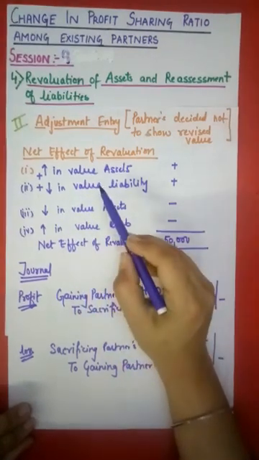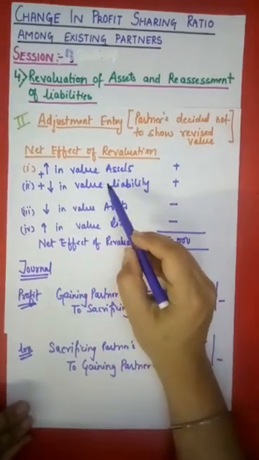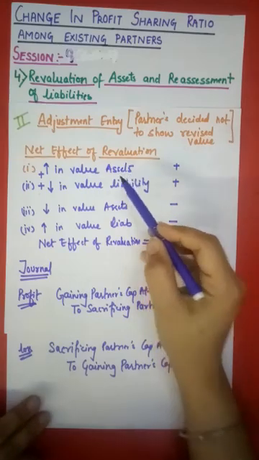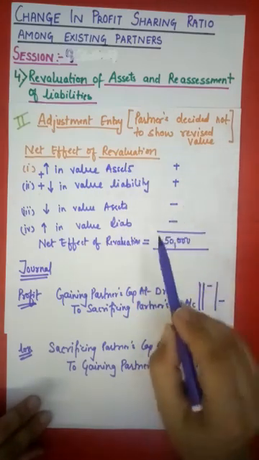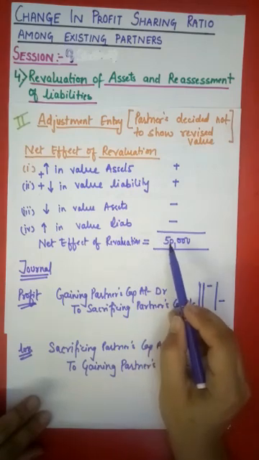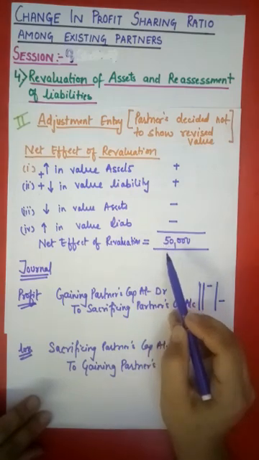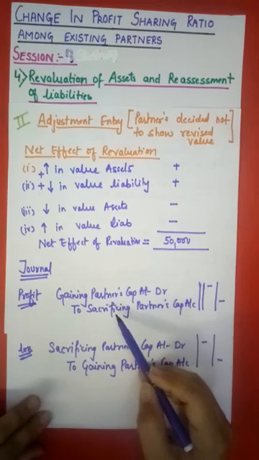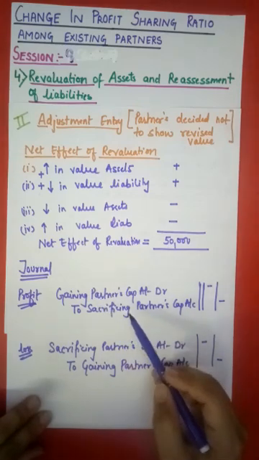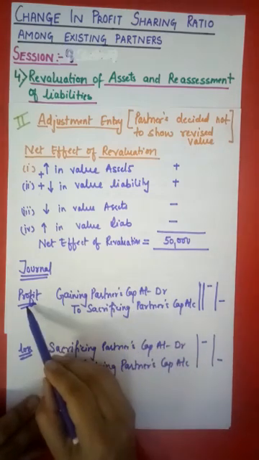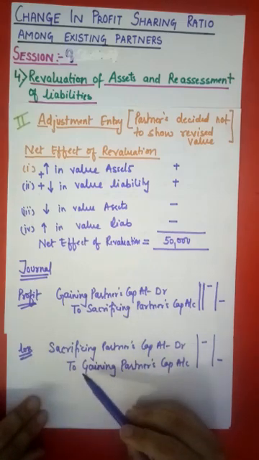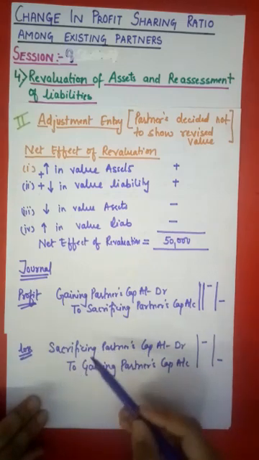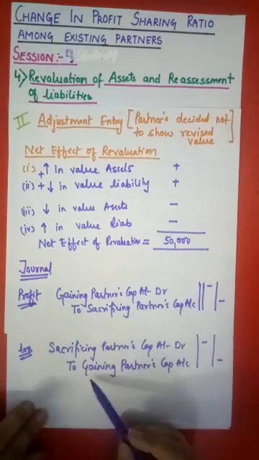The revised and new values of assets and liabilities are not shown, but we have calculated the net effect of the increase or decrease, and that net effect will be shared by gaining and sacrificing partners in their gaining and sacrificing ratio. If it's a profit, then this journal entry will be passed, and if it is a loss, then the journal entry will be reversed, that is, sacrificing to gaining partner.